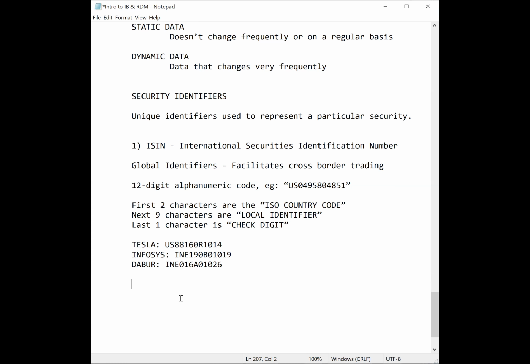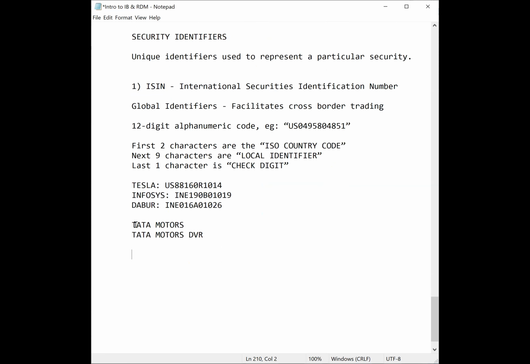For example, guys, do you know Tata Motors has 2 different listings? One is Tata Motors and one is Tata Motors differential voting rights. Do you know this? It has 2 types of shares floating around.